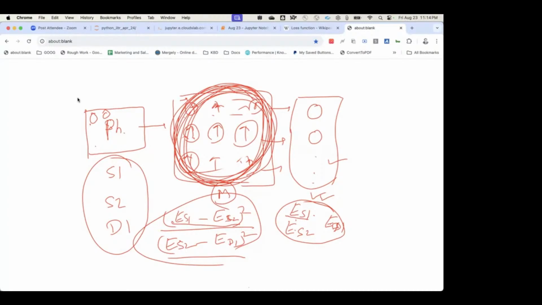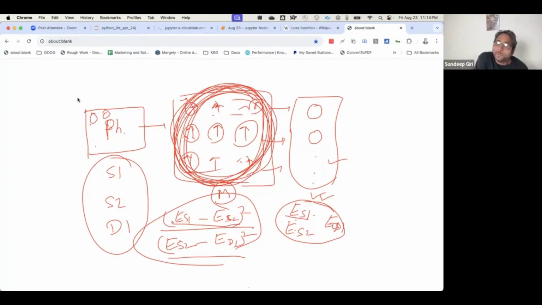So we had training data that we already knew was the right classification or not? No, we had training data which contained, let's say, two photos of Sandeep, two photos of Deepak, two photos of Vishnu, two photos of Subodh, right?